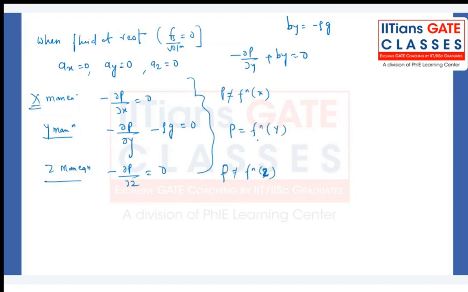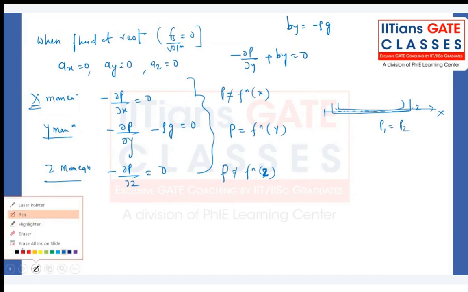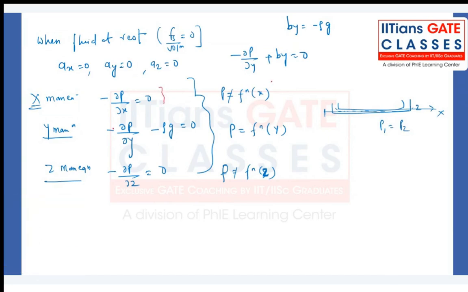So in a horizontal fluid system, suppose there is a fluid and both points are at the same level. In the x direction at points 1 and 2, the pressure will be the same. If the fluid is continuous, then pressure will be the same. That is the consequence of dou p by dou x equal to 0. That is the basic fundamental thing we apply in the manometer.